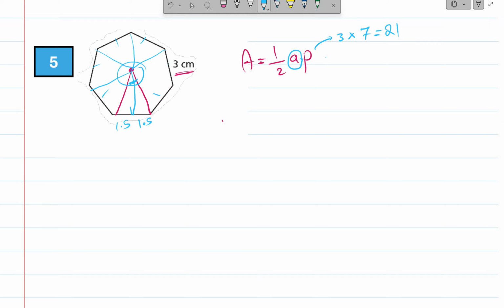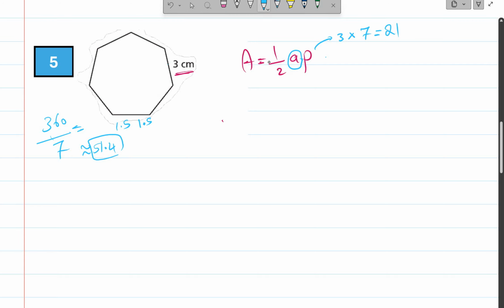To find this angle, you need to say 360 divided by 7, which equals approximately 51.4. So each of them is 51.4.